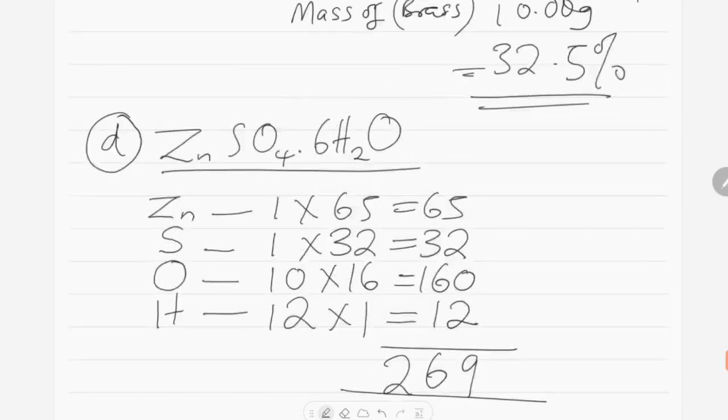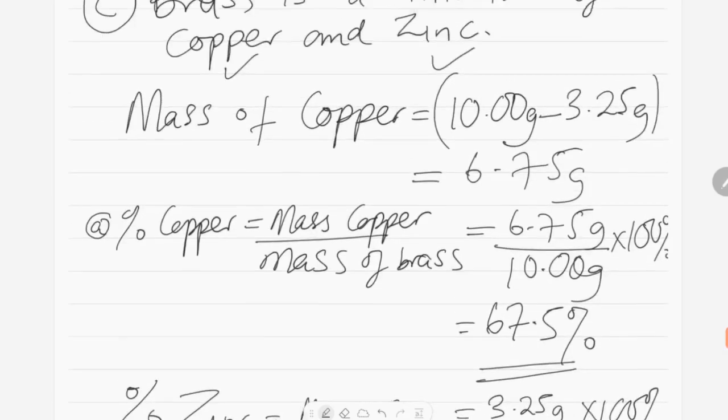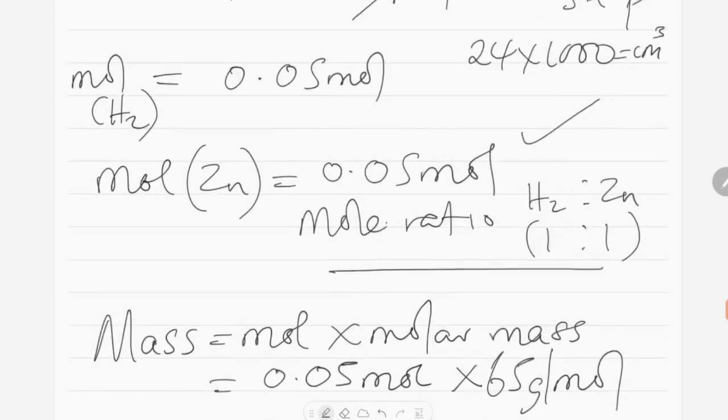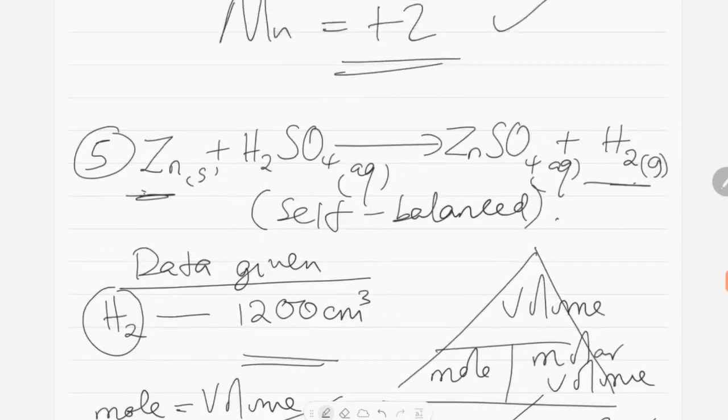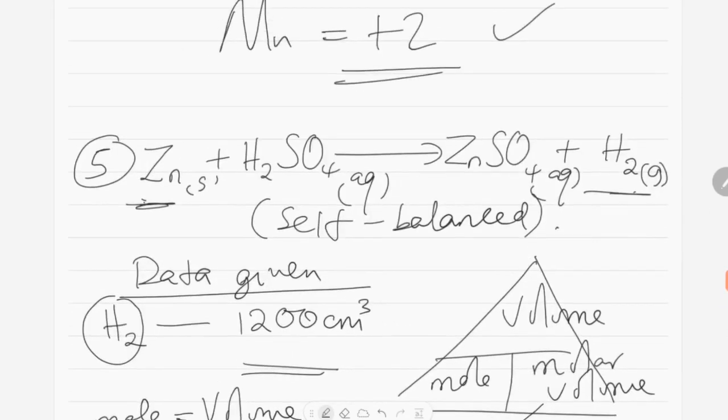Now, remember also, let me just take you back. We recognize here that the acid and the salt that is produced, the mole ratio is 1 to 1. So if the mole ratio is 1 to 1, the number of moles will still be the same.